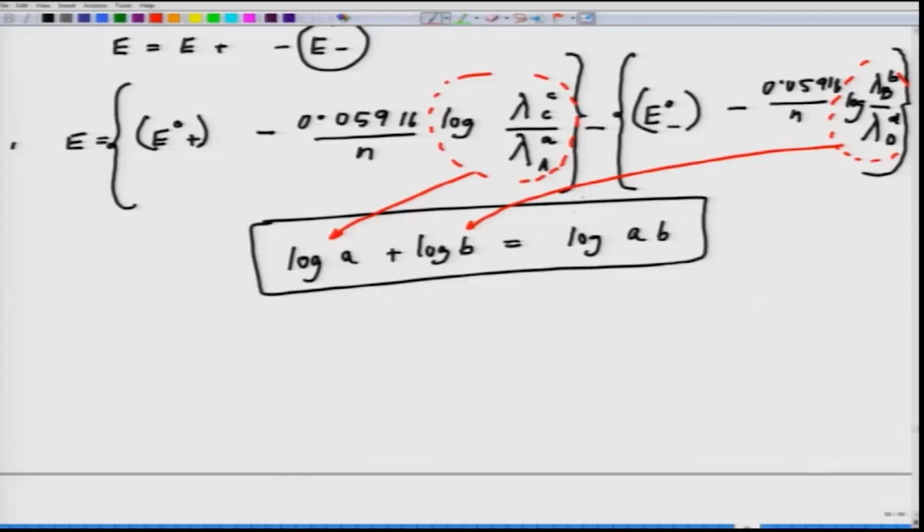So, we can really multiply these two terms. So, if you rearrange this whole thing, then the equation becomes E is equal to E0 plus minus E0 minus, which whole term is essentially your E0.